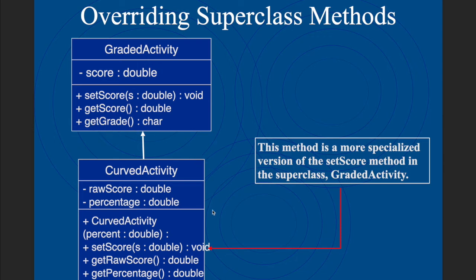And we have a child class, a subclass, named CurvedActivity. It has two fields, rawScore and percentage.